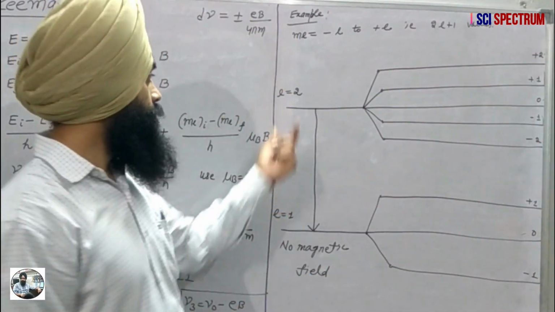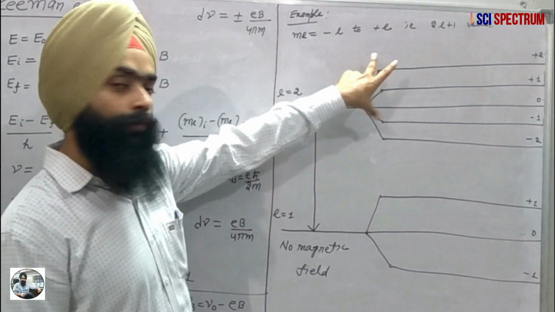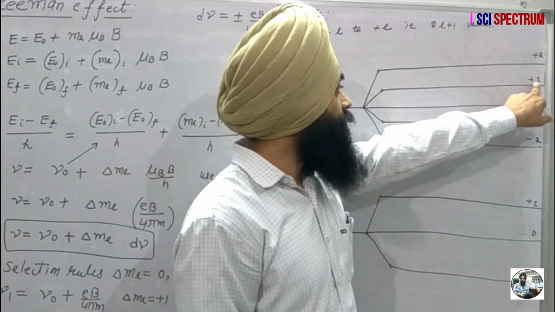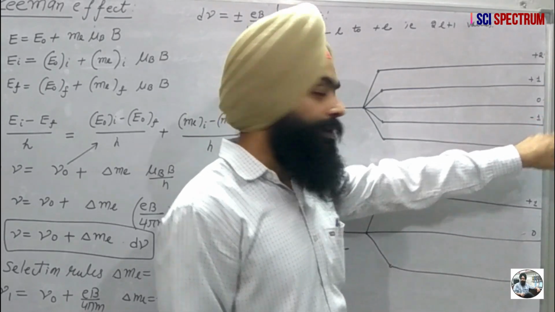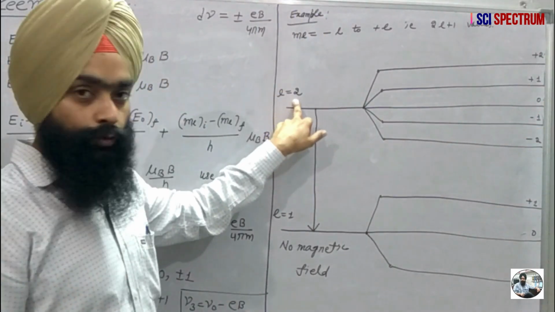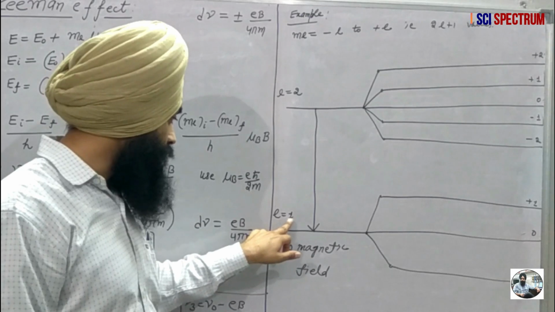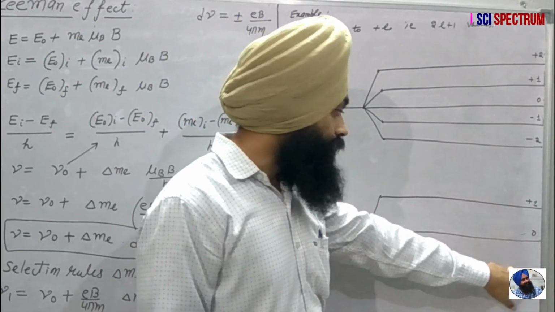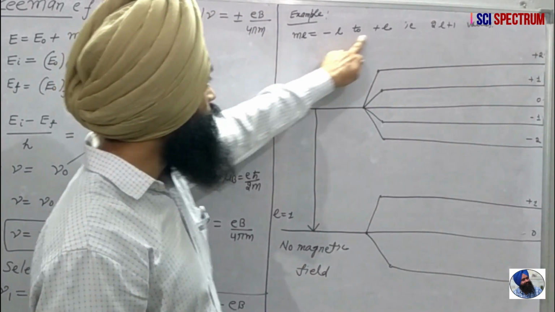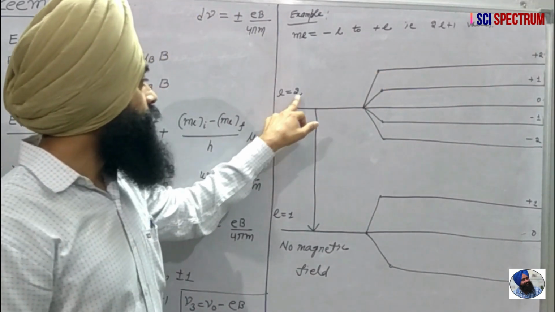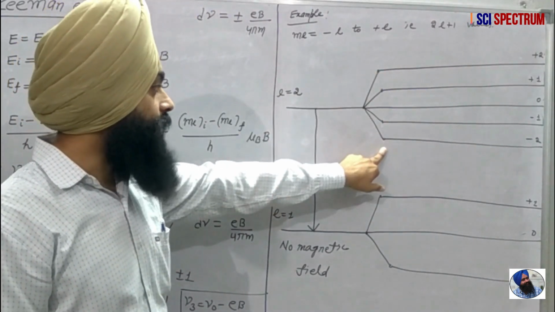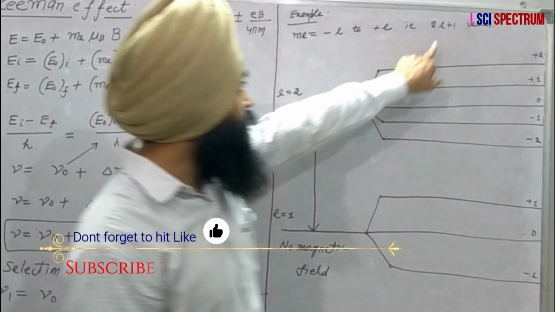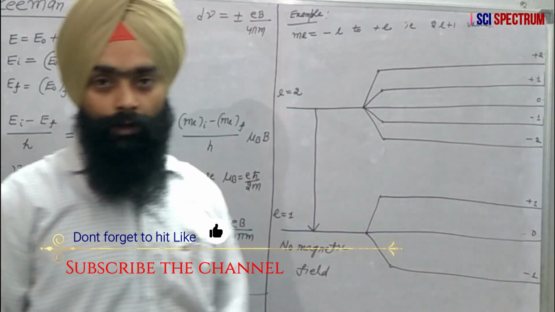So you see, we have split the L values into m_l values, and the m_l values are given by +2, +1, 0, -1, -2 for the case of L equal to 2, and for the case of L equal to 1 we have +1, 0, -1 according to this formula. For L equal to 2 we have 5 m_l values, for L equal to 1 we have 3 m_l values according to this formula.